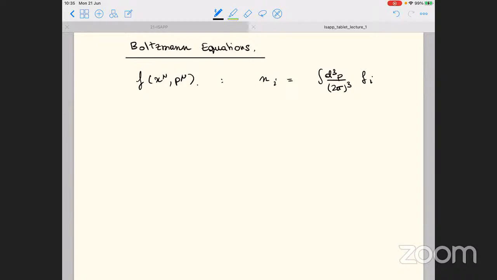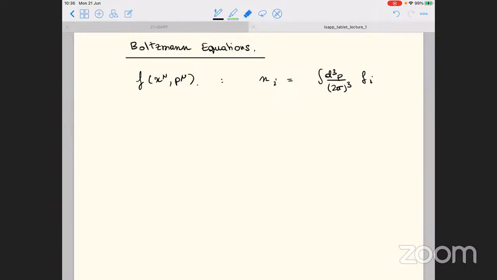As I was saying before, I'm going to use this convention: n equals the integration of d3p f divided by 2 pi cubed. Notice that in many textbooks you will find the number of degrees of freedom associated to the given species taken out of f. I will not do that here.